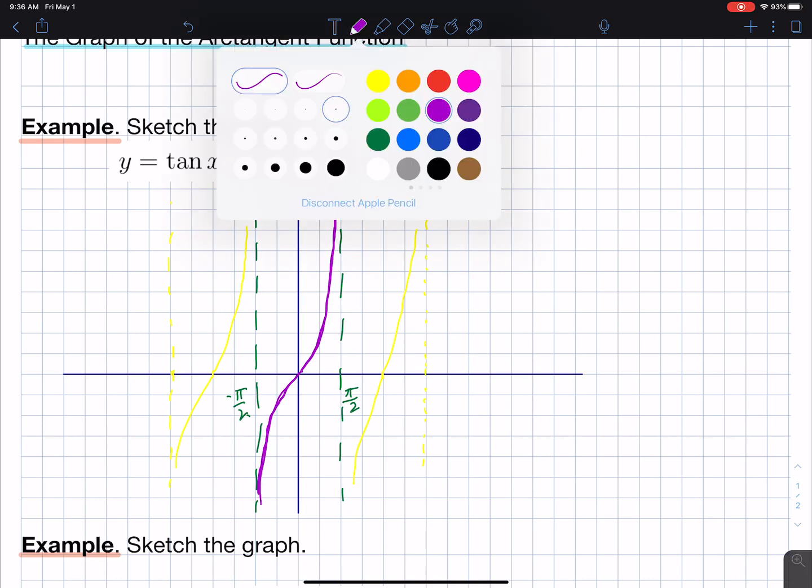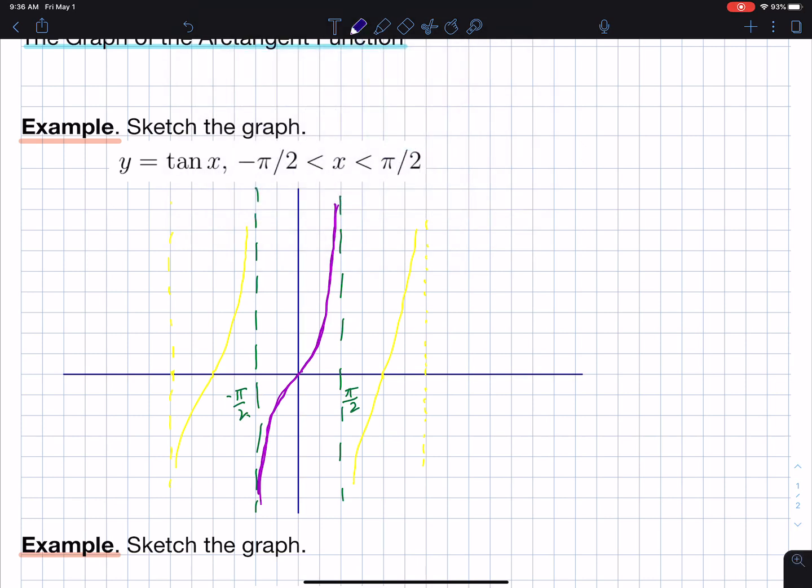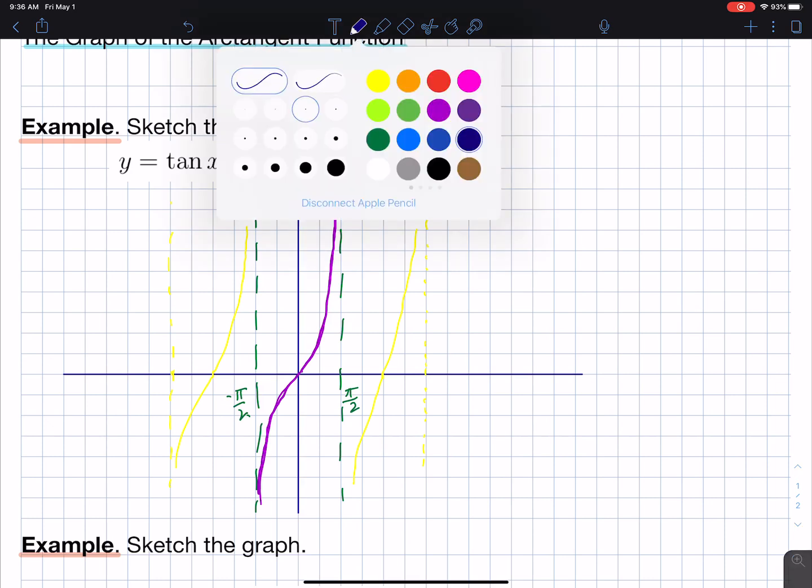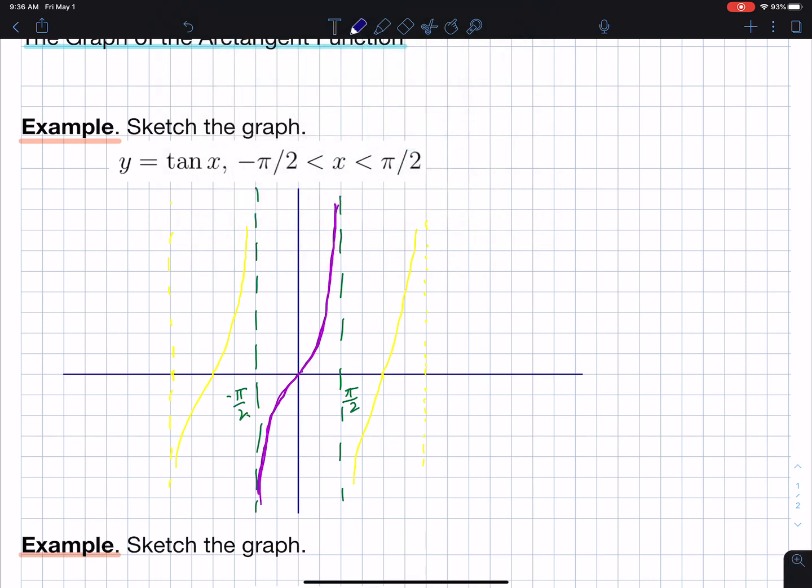So here are the observations that I'm going to make. The function y equals tan x fails the horizontal line test.